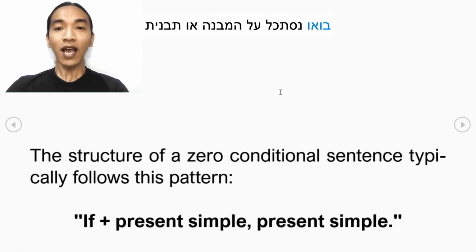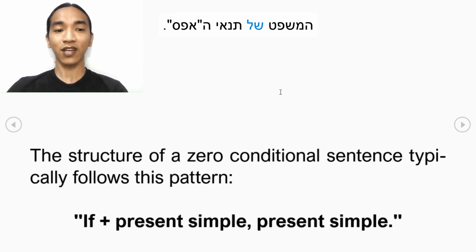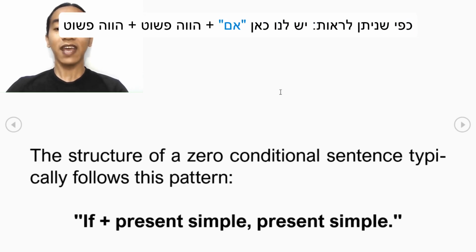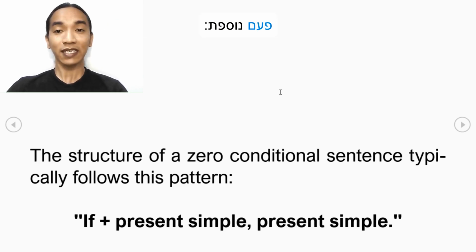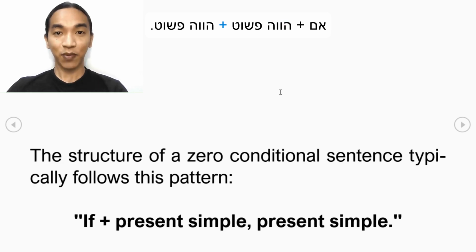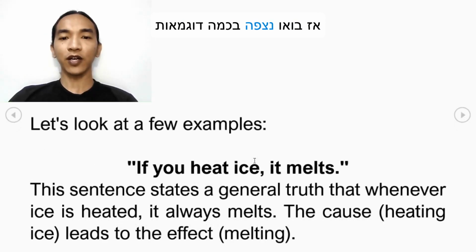Now, let's take a look at the structure or the sentence pattern of zero conditional. As you can see, we just have if, simple present, simple present. One more time. If, simple present, simple present. Okay? Let's look at a few examples we have here for the zero conditional.